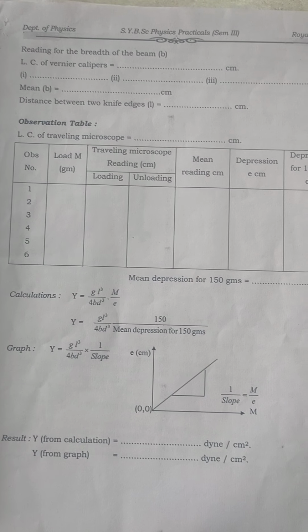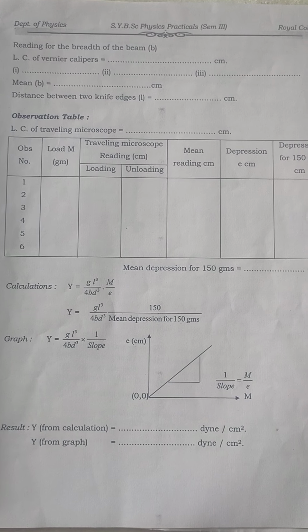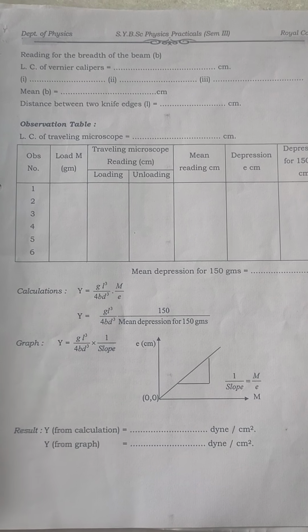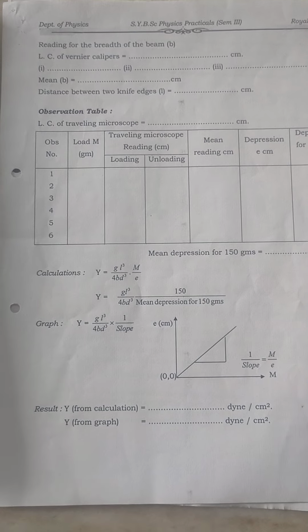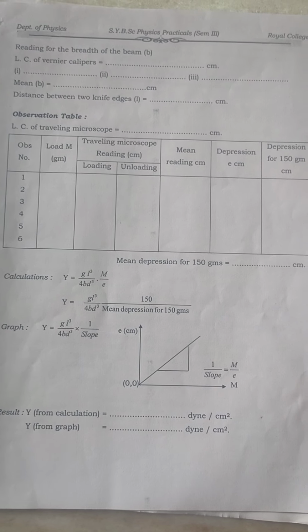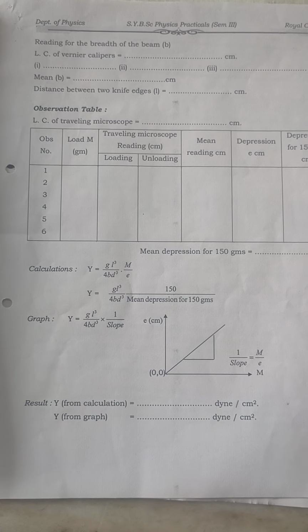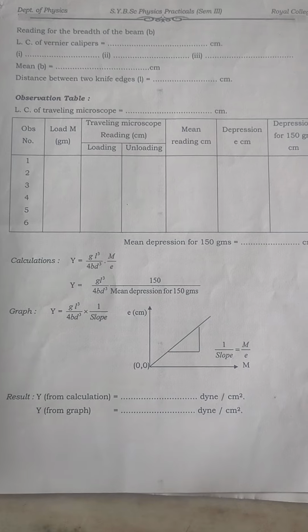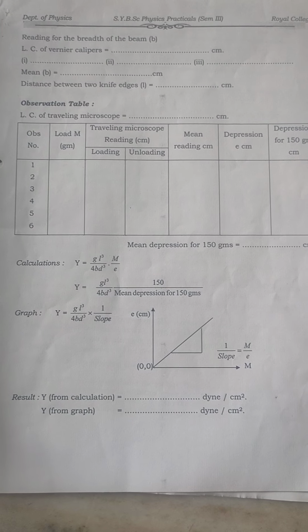Then we take the distance between two knife edges, the knife edges on which we have kept the beam. For this experiment I have kept it around 80. We can take it from the 60 to 80 range, whatever is convenient for you.